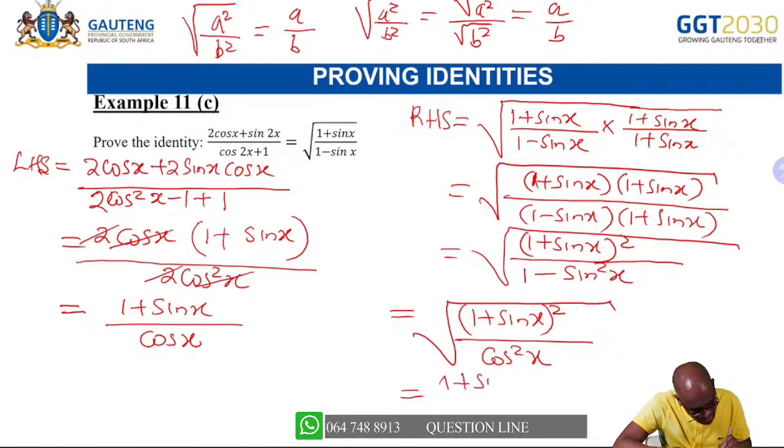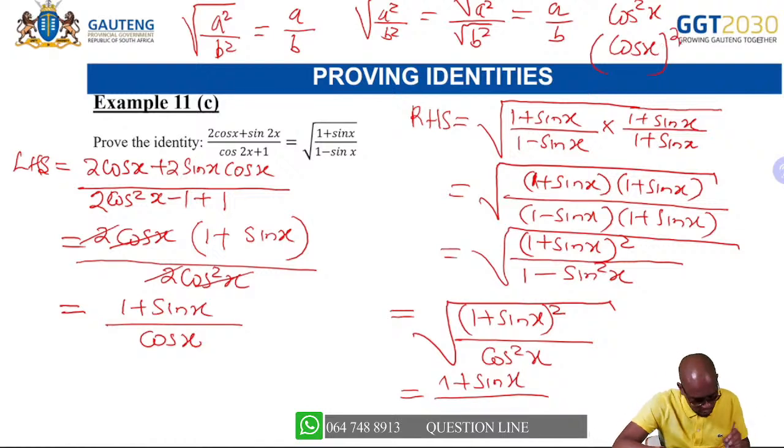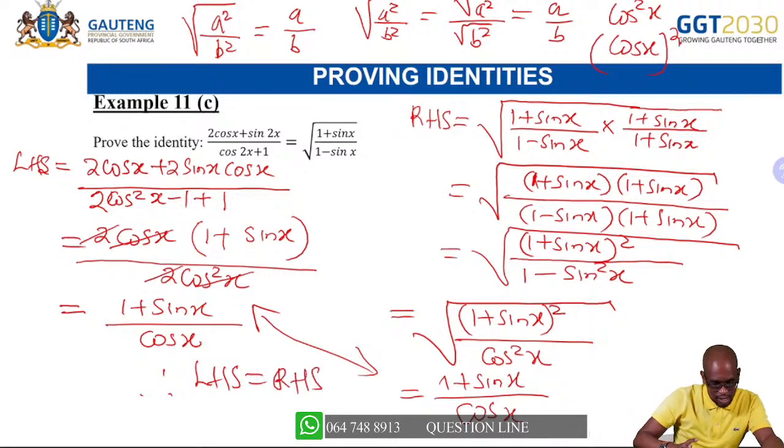It is 1 plus sine x. What is the square root of the cosine x squared? Because cos squared of x can be written as the cosine of x all squared. What is the square root of that? It should be the cosine of x. So now you can see that the left hand side is equal to the right hand side, like that.